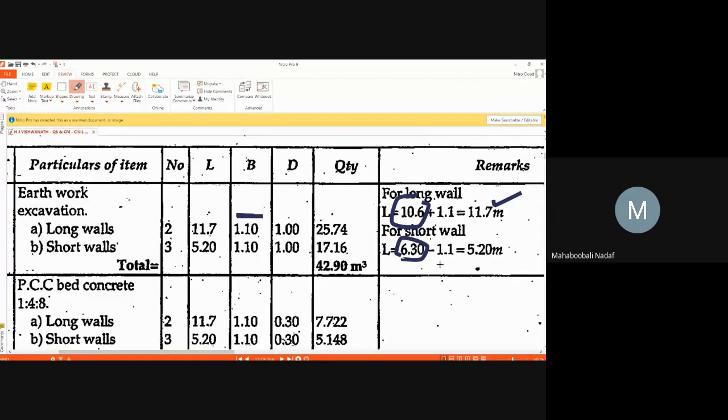For short wall, you are deducting, so minus 1.1. 1.1 is the width. So 6.3 minus 1.1 is 5.2. So that 11.7, 5.2 have been written here. Again, you multiply all those things, write it here. You add these two things, you write it here. Okay, na?